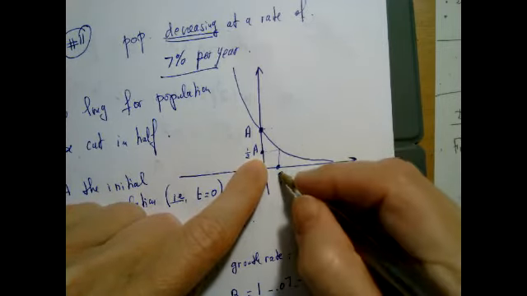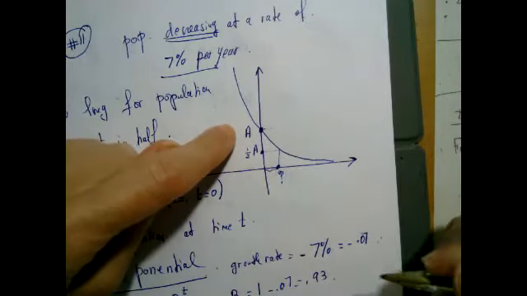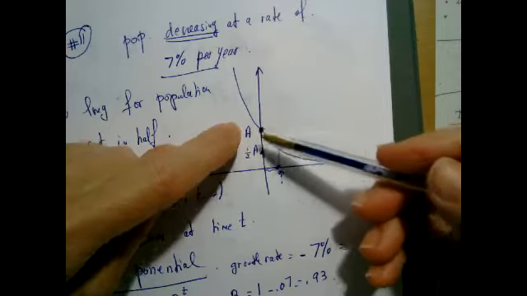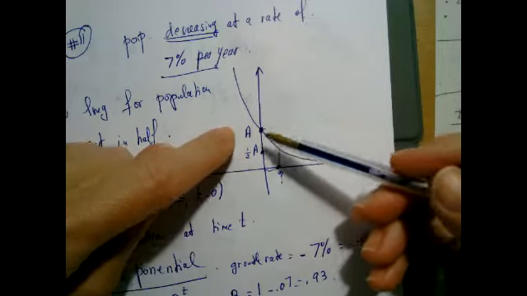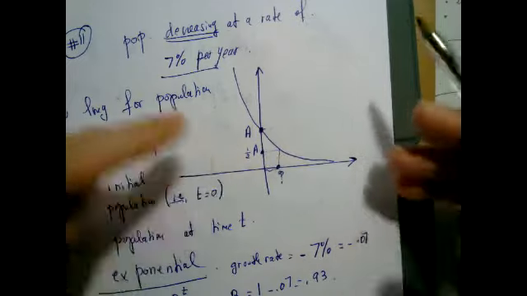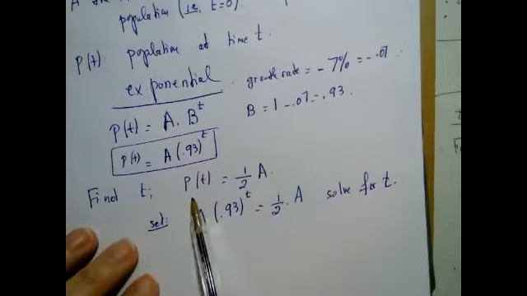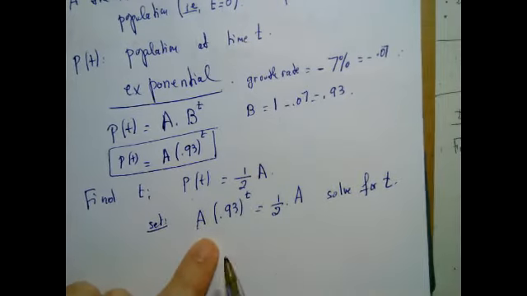And the question is, how long does it take for the population to be half its starting value? If you start at 1,000, how long does it take to become 500? If you started at 2,000, how long is it going to take to be 1,000, and so on.